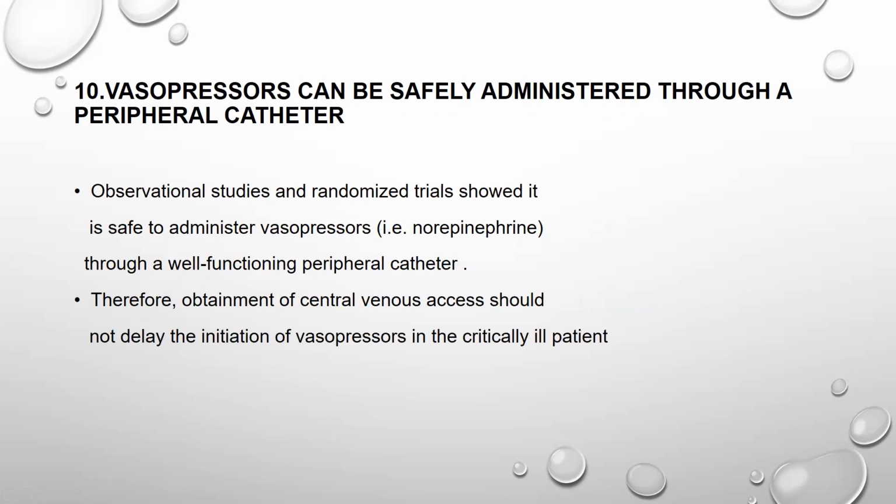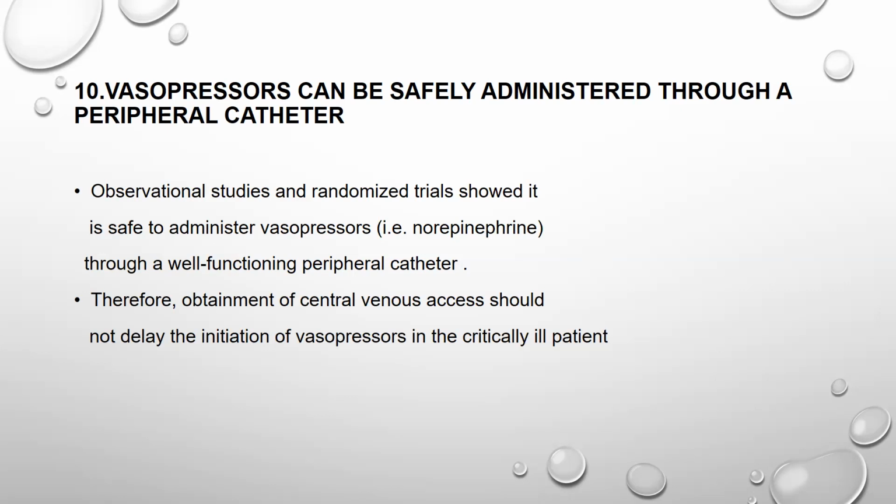The last tip, the tenth tip: vasopressor can be safely administered through a peripheral catheter. Observational studies and randomized trials show it is safe to administer vasopressor, such as norepi, through a well-functioning peripheral catheter, because you cannot delay your patient. You did the fluid resuscitation, you started the inotropic support for your patient.